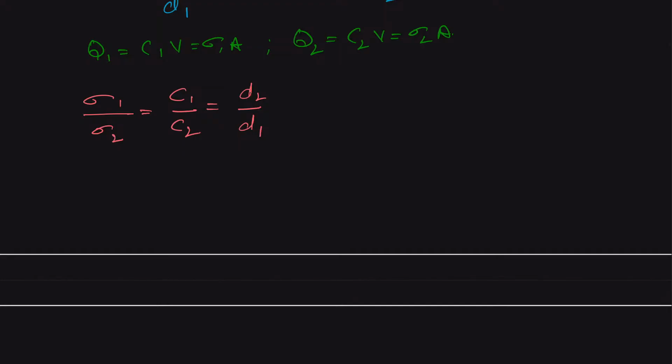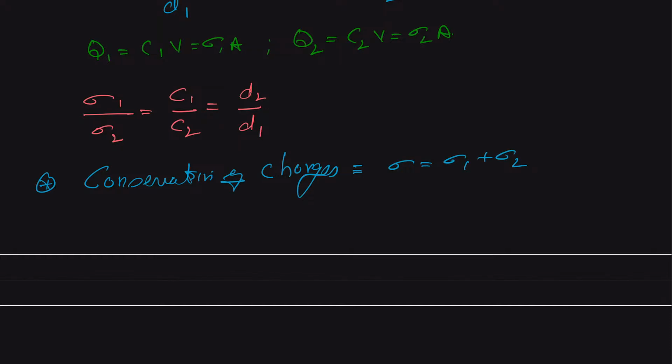And in the question, or in general, we also know that because of the conservation of charges, especially with respect to our plate 2, which we have already written, sigma is equal to sigma 1 plus sigma 2.